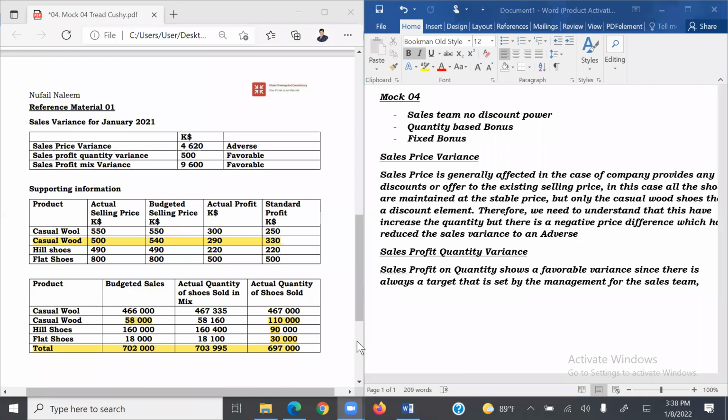Now, even that is done. So I will write down here, therefore, this is a weakness in the sales policy.